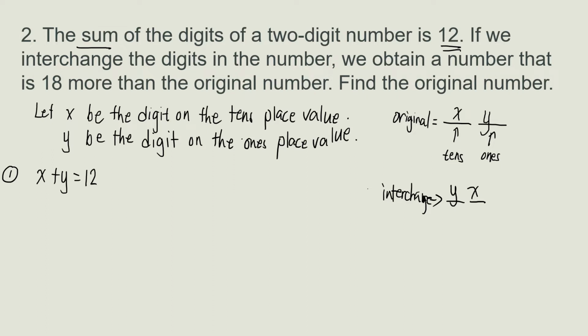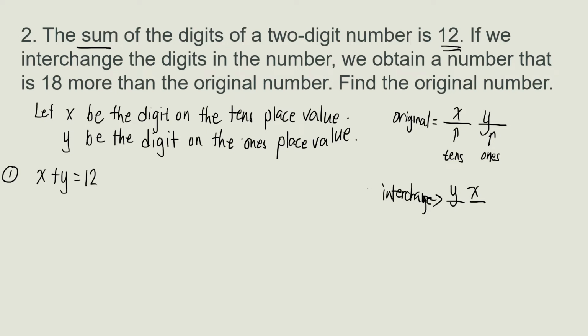So now, how are we going to write it in a mathematical sentence? If we interchange the digits in the number, we obtain a number that is 18 more than the original number. Since we are talking here about the value of the number, not the digits itself, but the value of the whole two-digit number, we need to write the digits in expanded form so that we can write an equation out of it.